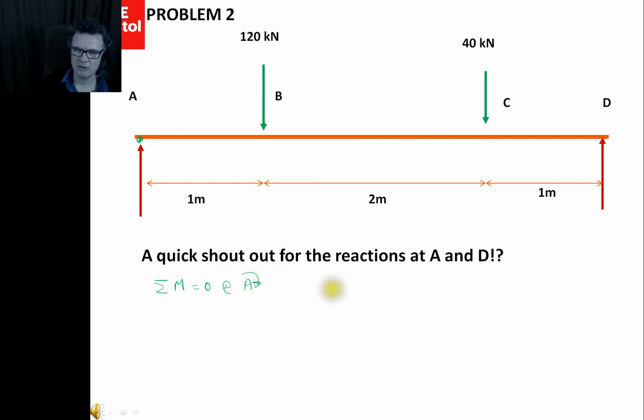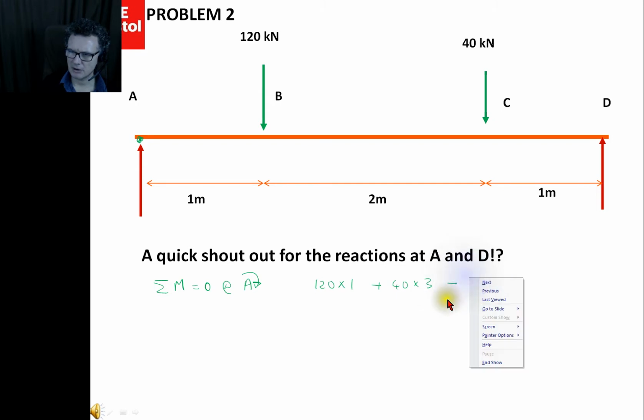So we're going to have 120 times 1, then plus 40 times 3, and then minus, how far have we got? We've got 4 meters. So 4 R_Dy. Looks like a P, R_Dy.